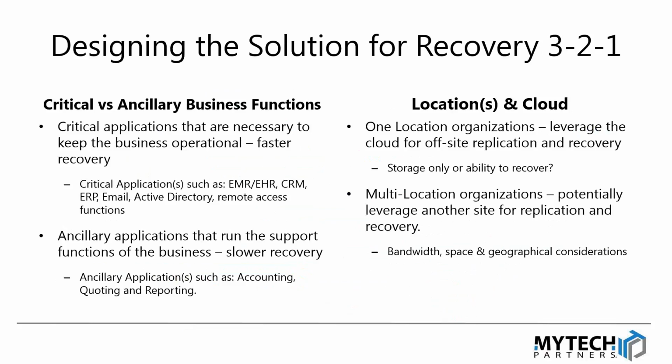So it makes sense to start creating a line and defining, what systems are we going to back up? But for our smaller customers that only have 1, 2, or 3-ish servers or systems, oftentimes there's not a whole lot of strong cost delineation for doing that. But definitely as you get larger and you have more systems and functions, critical versus ancillary functions, it makes sense to do it.